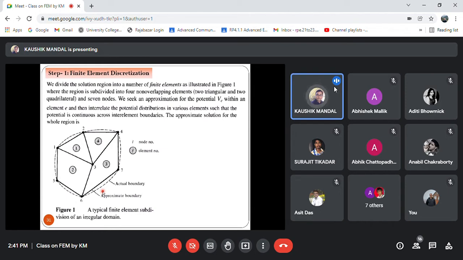As per step 1, we have to discretize, or approximate, the solution region by a number of subregions or elements. That's why the entire solution region is divided into 4 elements, where we have considered 2 triangular elements and 2 quadrilateral elements.